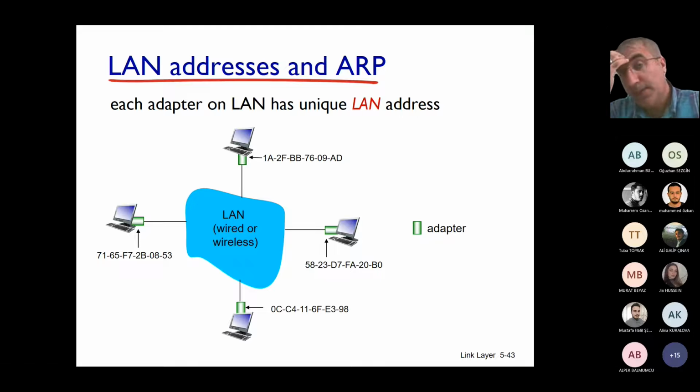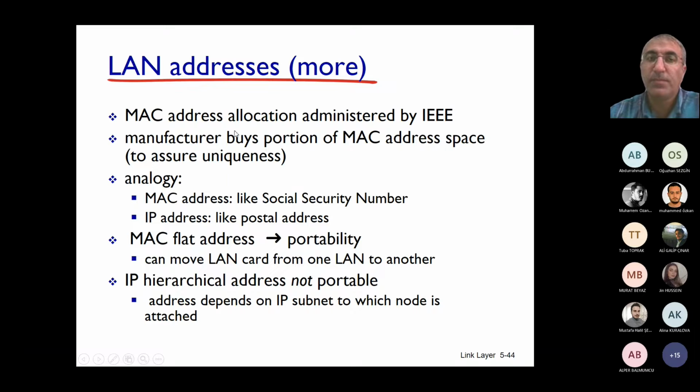Then how are we going to assign or determine the MAC address of a node? First of all, each NIC on the LAN has a unique LAN address. As you see, this node has 1A, 2F, this one has 58, 23, and so on.